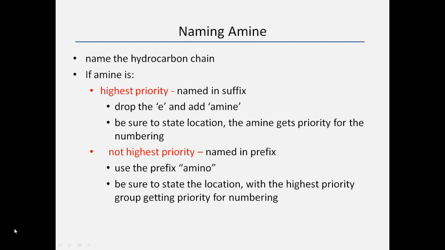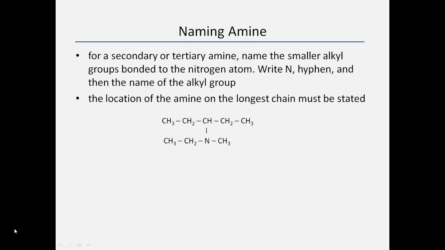If my amine is the highest priority, it gets named in the suffix as amine, and we state the location. If it is not, then it gets named as an amino. Now, if I have a secondary or tertiary amine, my longest acyl chain is my root, and the other acyl chains are side chains, except because they attach to the nitrogen, not the main chain, we state their location as N. For example here, my longest chain is 5 carbons long, so it's a pent, and that would be my root.